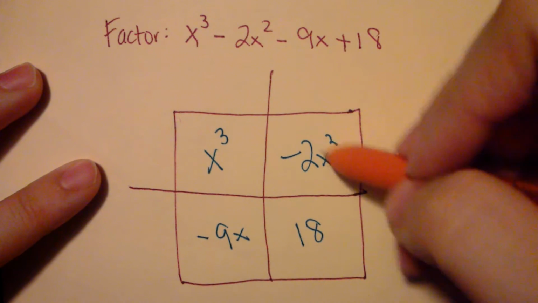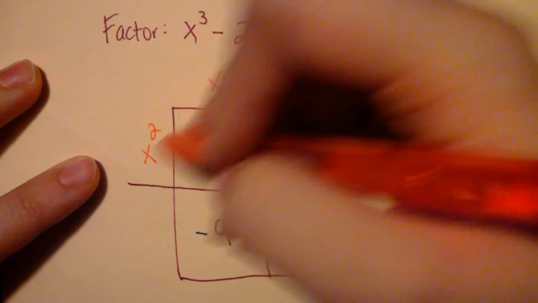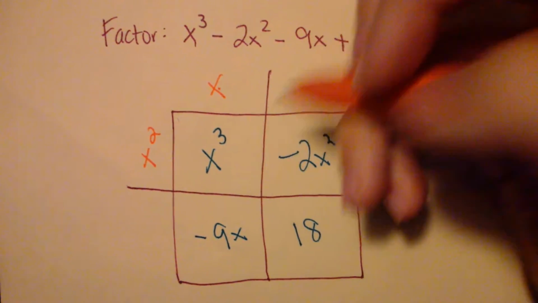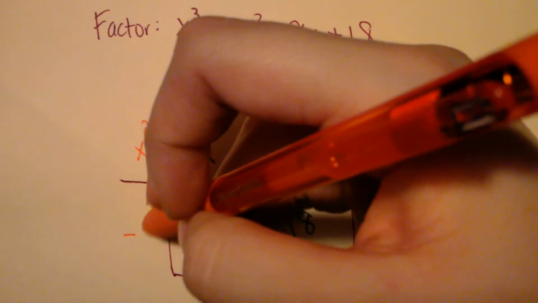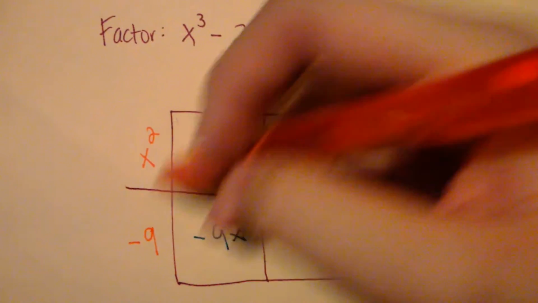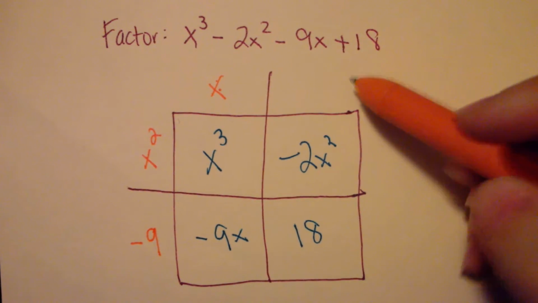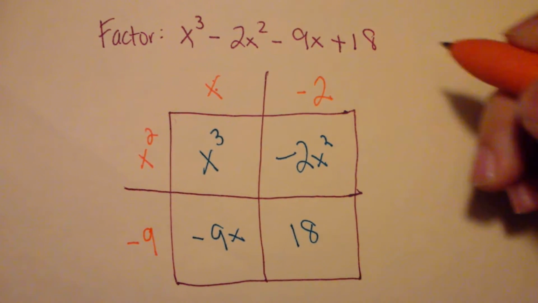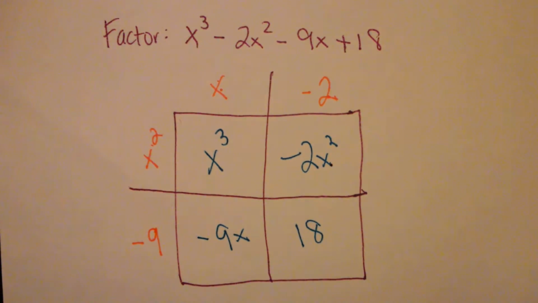So this one has an x squared. So that's x squared. This one has an x. X squared times x gives me x cubed. And then this is going to be negative 9. Negative 9 times x is negative 9x. So over here is going to be negative 2. X squared times negative 2 is negative 2x squared.